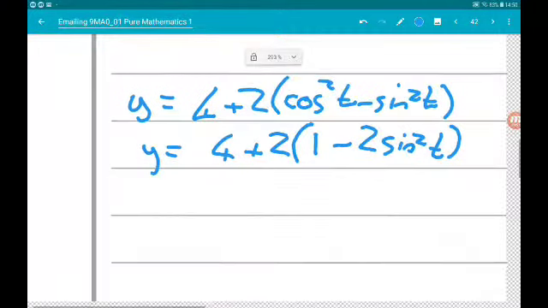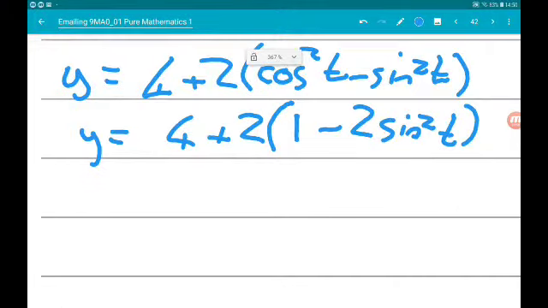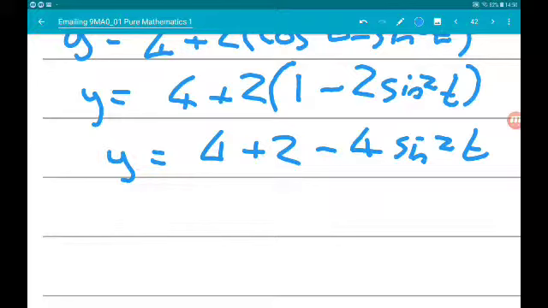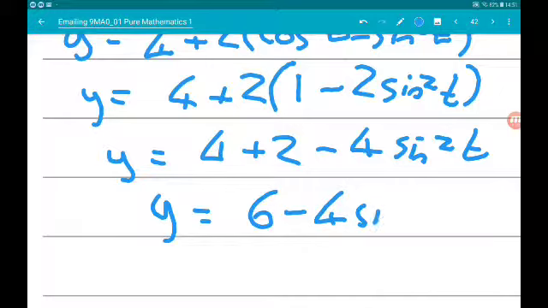So we've got y is equal to 4 add 2 minus 4 sine squared of t. So y is equal to 6 minus 4 sine squared of t.